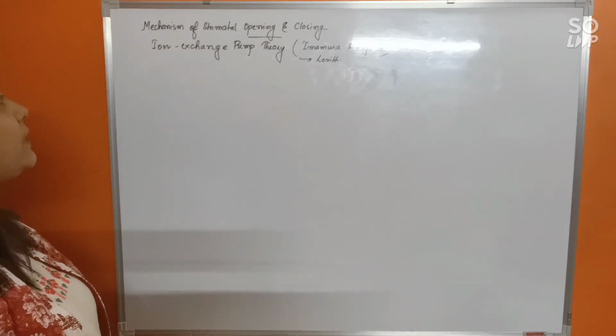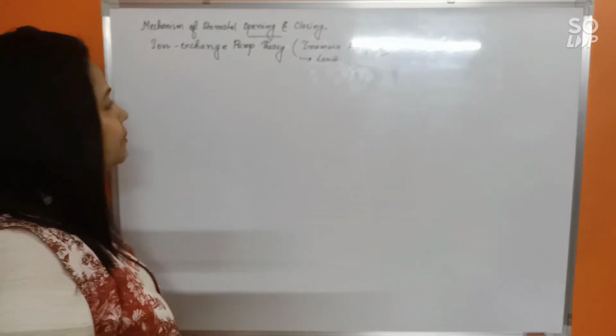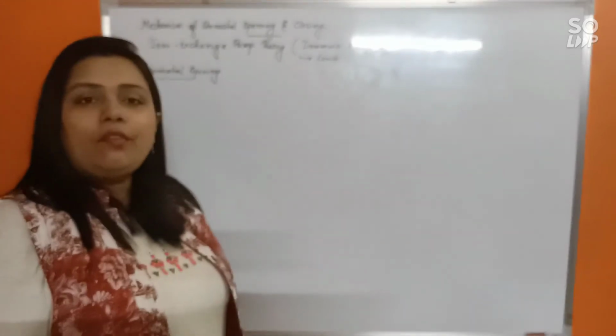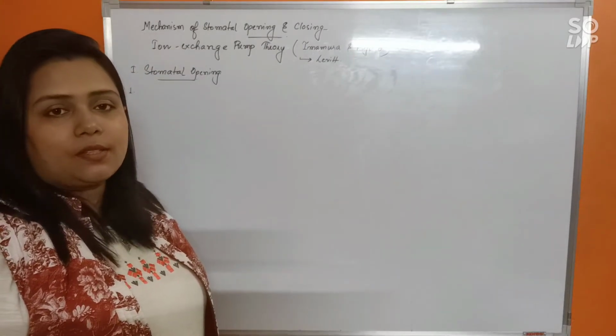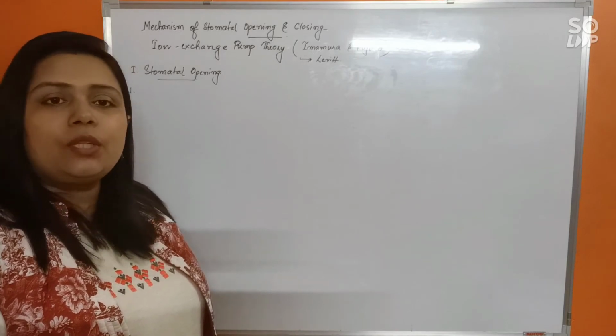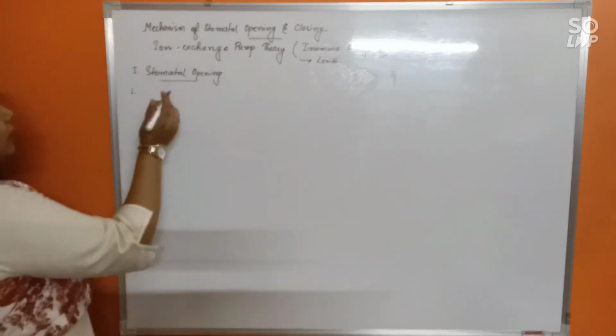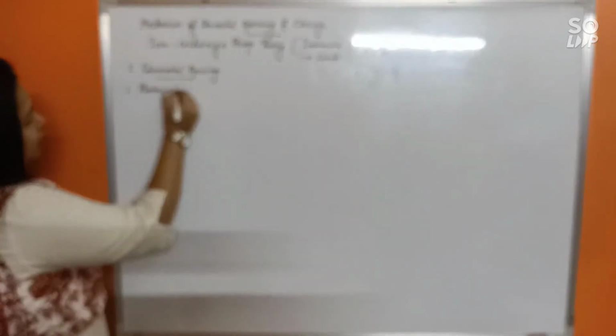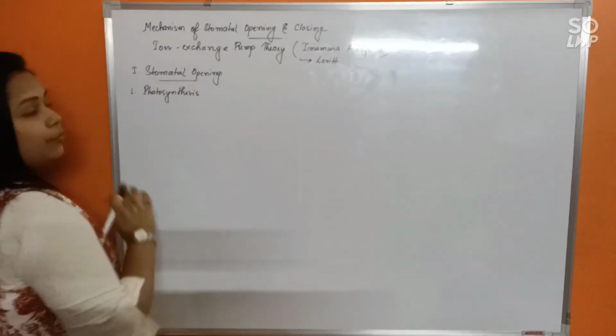Okay, so let's see what is the mechanism behind stomatal opening and closing. First, let us discuss stomatal opening, that is during the daytime. You know very well stomatal opening and closing is maintained by the guard cells, and guard cells always possess chloroplasts so that they photosynthesize. So during the daytime, the guard cells are undergoing photosynthesis.